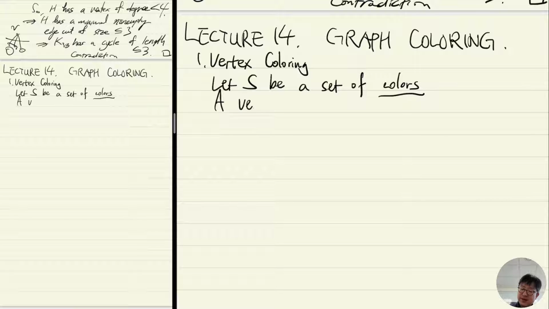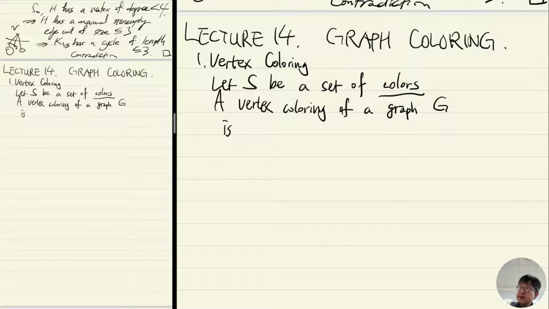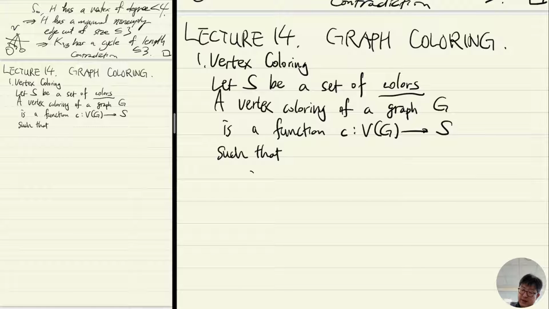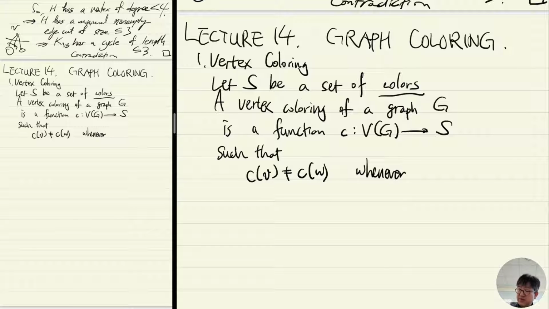A vertex coloring of a graph G is a function C from the vertex set to the set S such that adjacent vertices get distinct colors. So whenever V, W are adjacent, then you put a different color. So that's the vertex coloring.